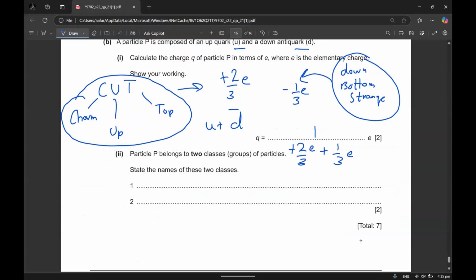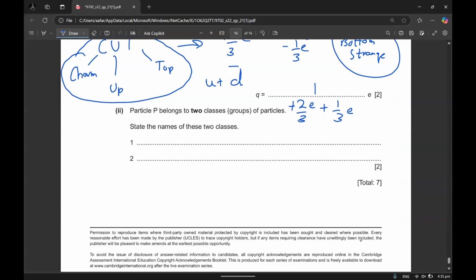Particle P belongs to two classes of particles. State the names of these two classes. So basically the bigger class is hadrons, and in hadrons we have baryons and mesons.